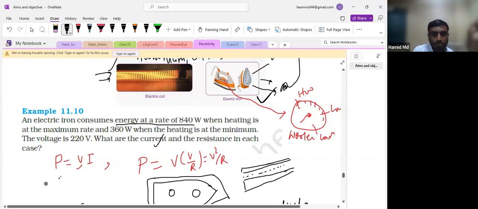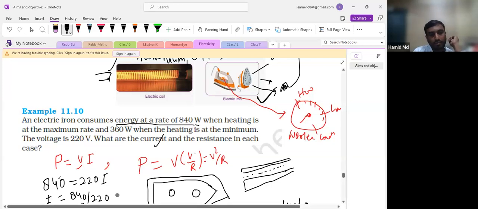So we will substitute 840. We won't put the watt. And then what is potential? This is 220 times current, right? So in the first question, we have to solve for the current. So current will be just 840 divided by 220, right?